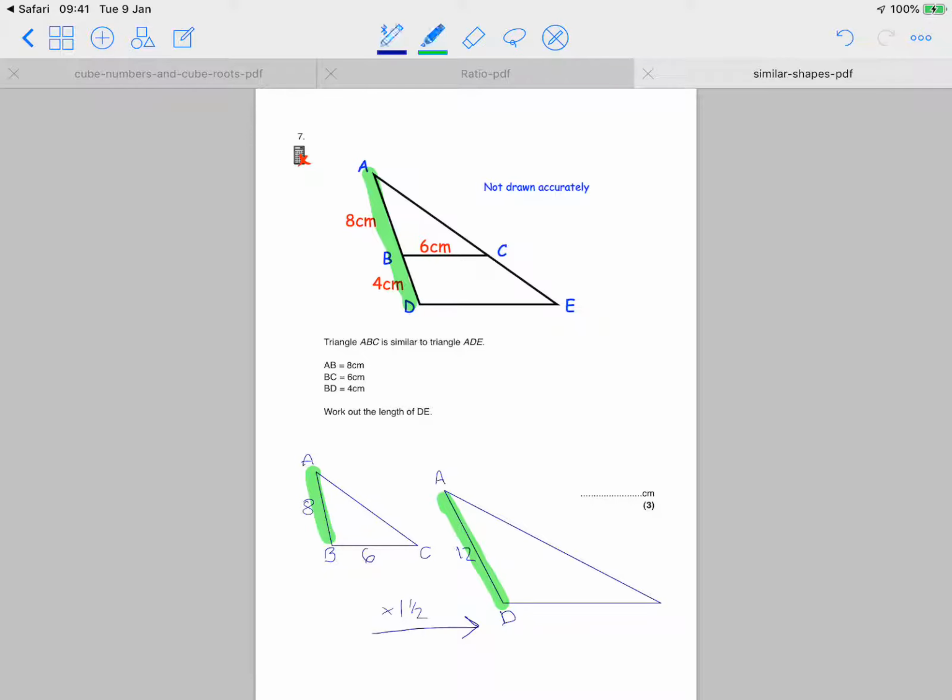And if we want to find the length of DE, DE is across the bottom here and corresponds to BC on that smaller triangle. So you take your 6, you make it 1.5 times bigger, that would be 9, and that would be your DE. But separating the two triangles into two pictures makes it a lot easier to see what's going on.